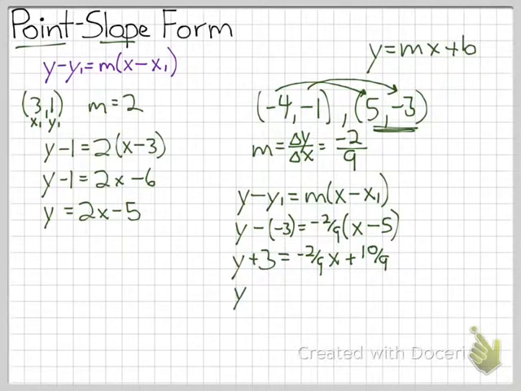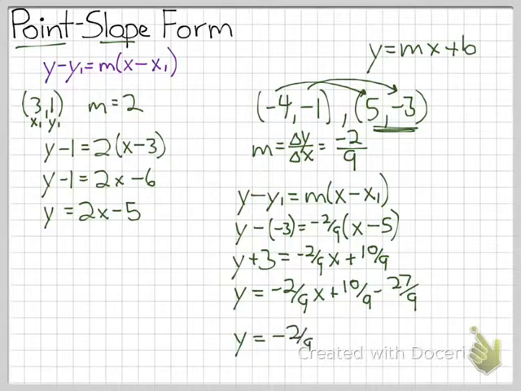So now I'm going to subtract 3 from both sides, so it's still negative 2/9 x, but I need to do 10/9 minus 3. Well, what is 3 in terms of ninths? That's 27/9. So this comes out to be y equals negative 2/9 x minus 17/9.